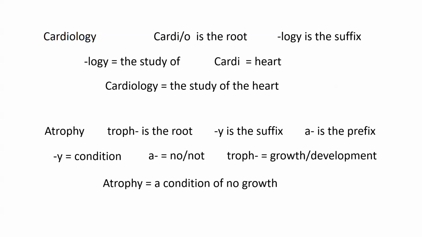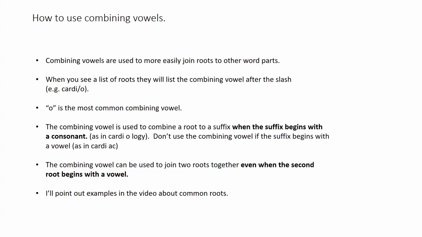That's literally what it means. More commonly, it's used to refer to tissue that's wasting away, that is doing the opposite of growing. It's withering. So in the word cardiology, we saw that when you're given the root cardi, it had the slash and the O. That's a combining vowel. And that's how you can join different word parts together, particularly roots to other things.